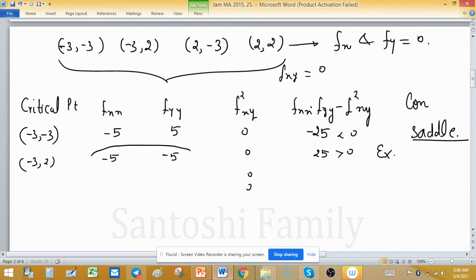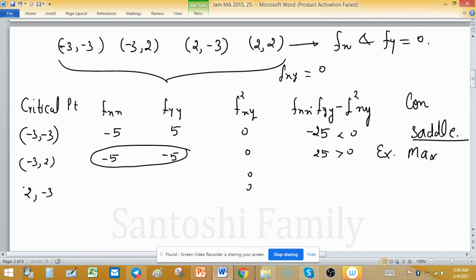Here you can check that both are negative, so this is the point of maxima. Now minus 3 comma 2 is the point of maxima. Our concern is closed here, but we are checking the other 2 points also.